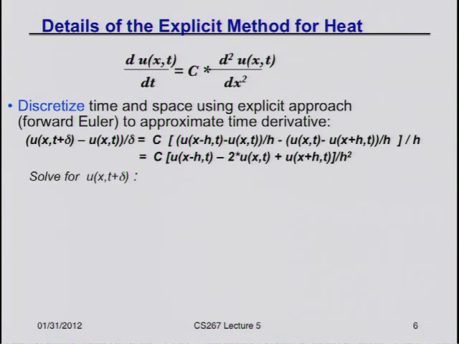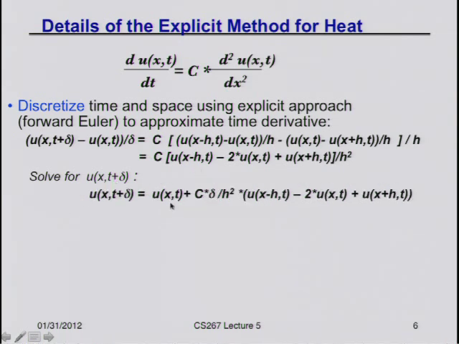So now I'm going to assume I know the temperature everywhere at time t, and now I want to know the temperature a little bit later at time t plus delta. So I'll just solve all that. And I get this explicit equation. The temperature at time t plus delta at location x is this nice simple linear combination of all the temperatures at time t and at x, just a little bit to my right and just a little bit to my left.